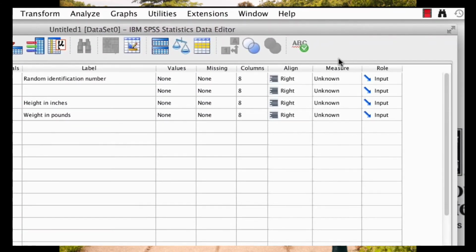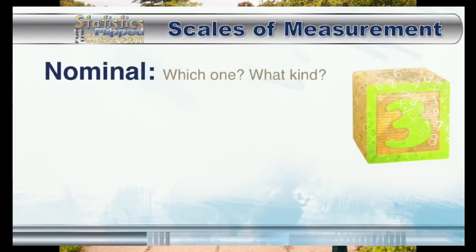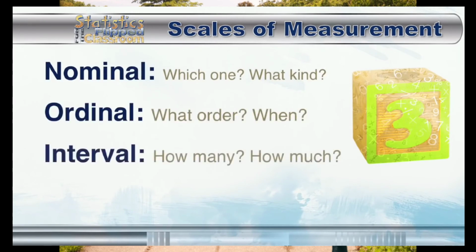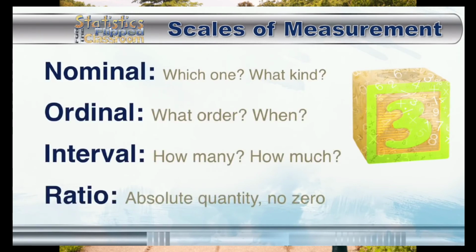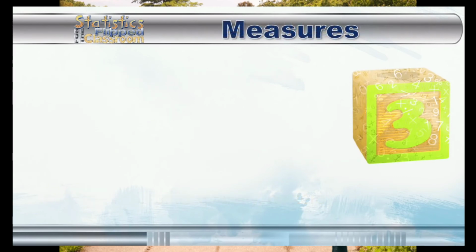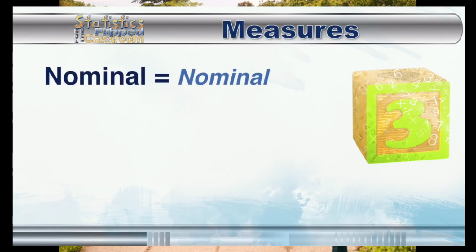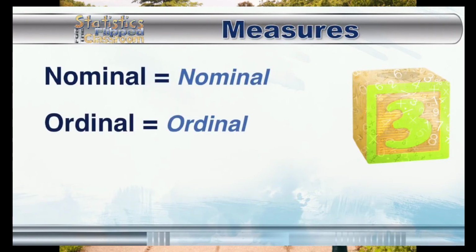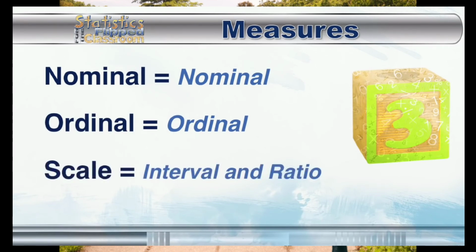And the measure variable specifies the scale you want to use. There are 4 scales of measure: nominal, ordinal, interval, and ratio. In SPSS, nominal is nominal. Ordinal is also ordinal, but interval and ratio are called scale.